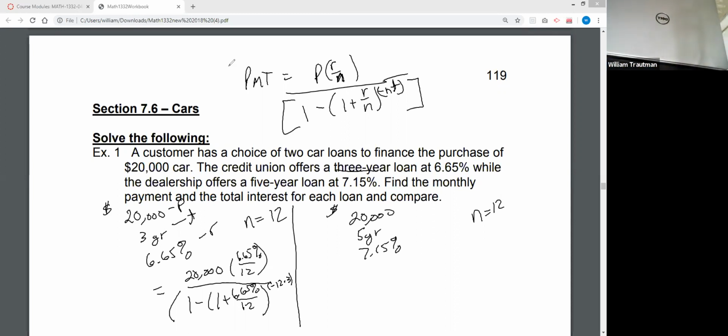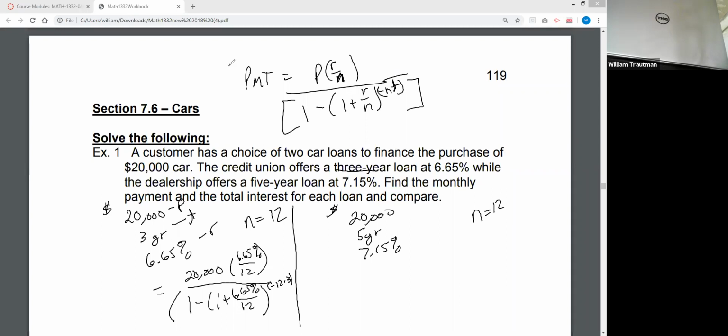Parentheses, 1 minus parentheses, 1 plus fraction, 6.65%. It really is, this test is going to be, can you type it into your calculator correctly? Arrow over parentheses.